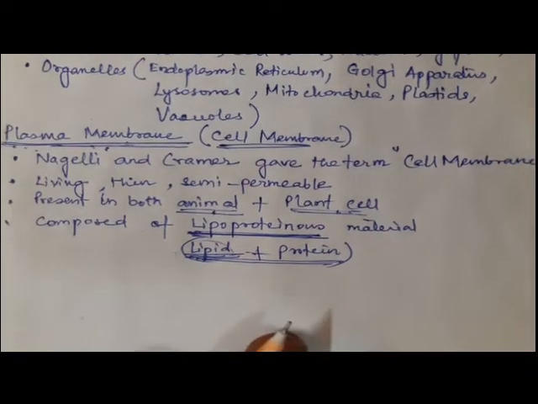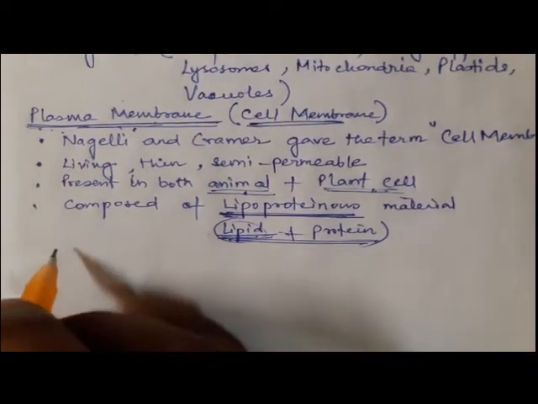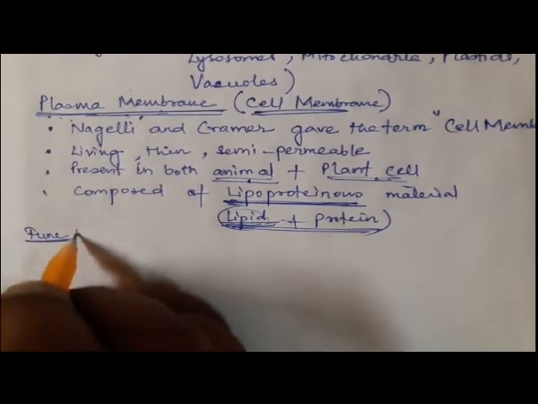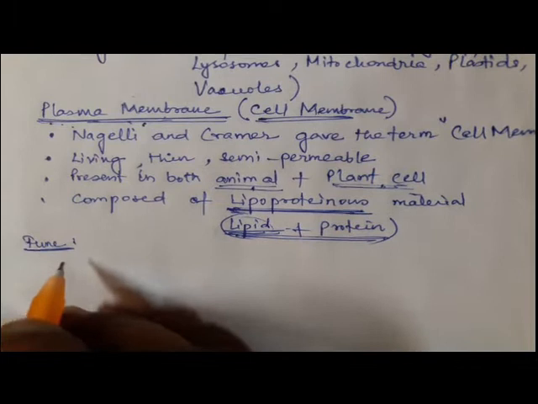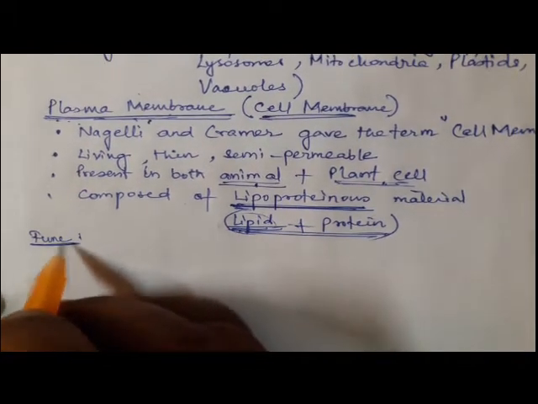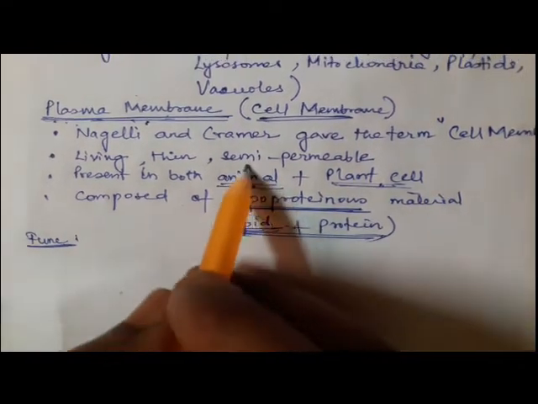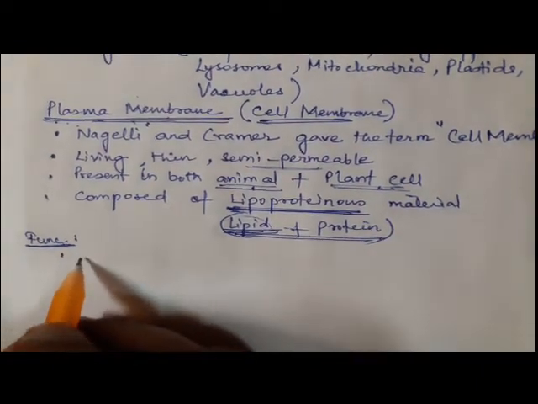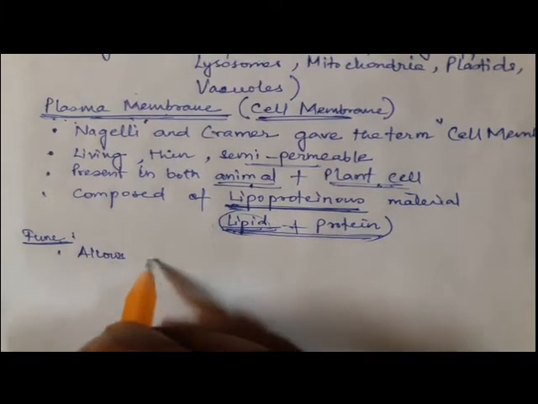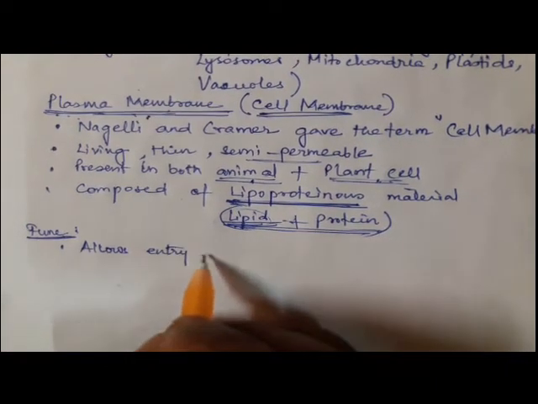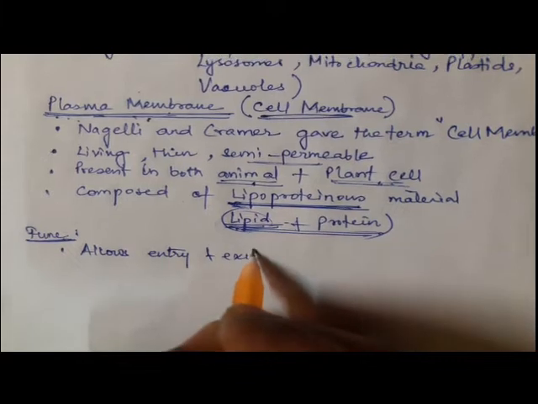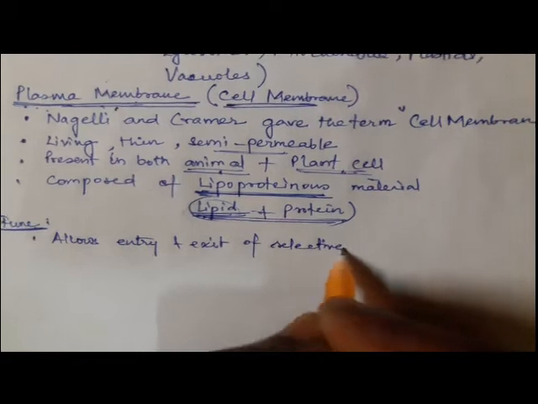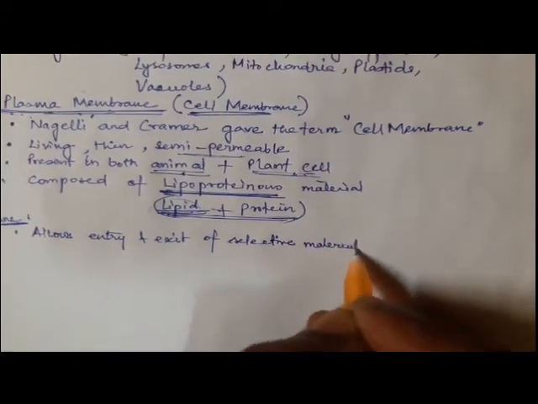Now here we can move to a little bit of the function part of this plasma membrane. Function, as we have already discussed, is that it is semi-permeable, right? So it allows entry and exit of selective materials, right?